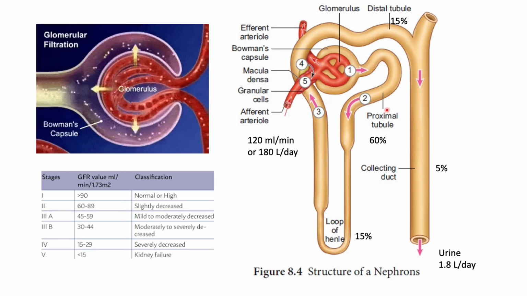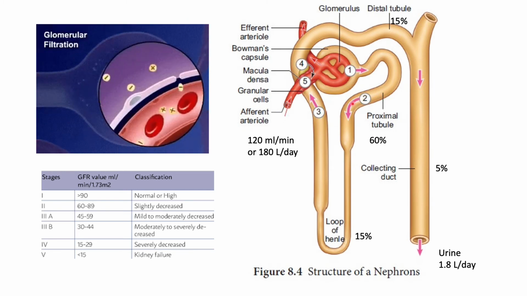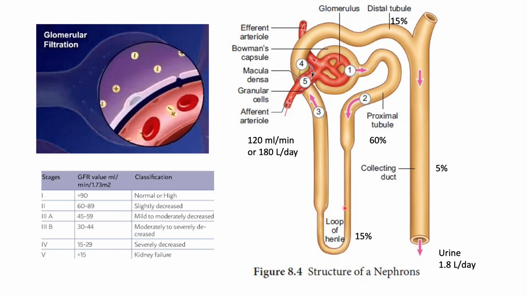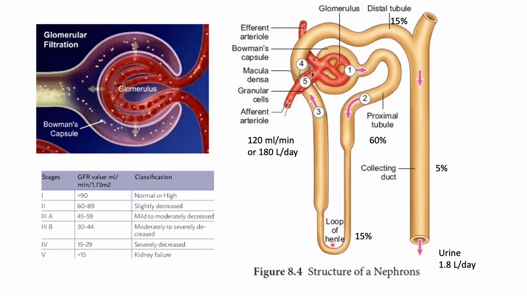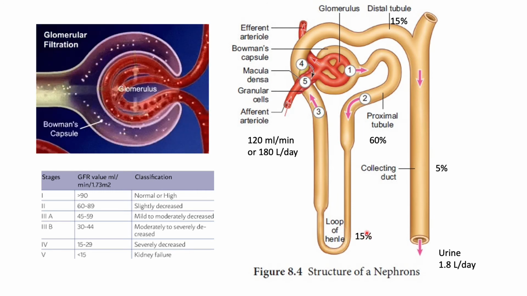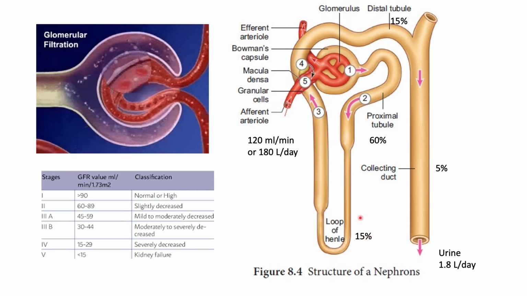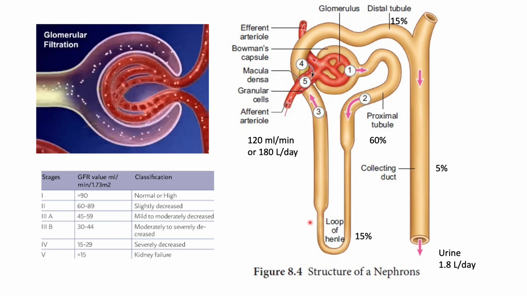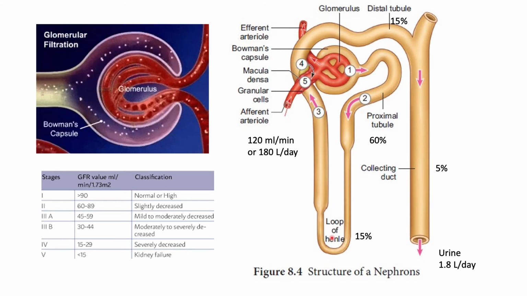After the proximal convoluted tubules, the filtrate will pass to the loop of Henle. In the loop of Henle, around 15% will be reabsorbed, more on water. So in the loop of Henle, the urine is concentrated, so water will be reabsorbed.